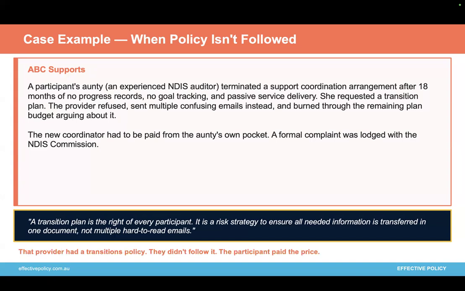So that provider had transition policies. They just didn't follow it. That transition was discussed in their policies. They had a template for it. It wouldn't have been hard. They were just not a nice person or didn't care. So that's when policy isn't followed, and that cost that young man the last 5 hours in his plan.